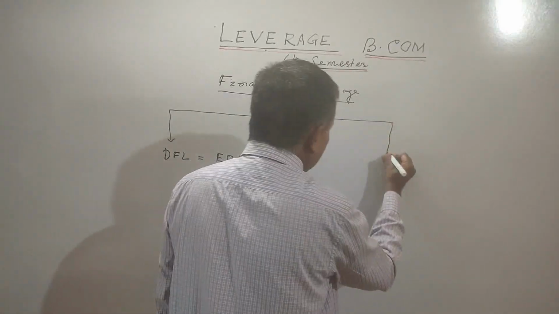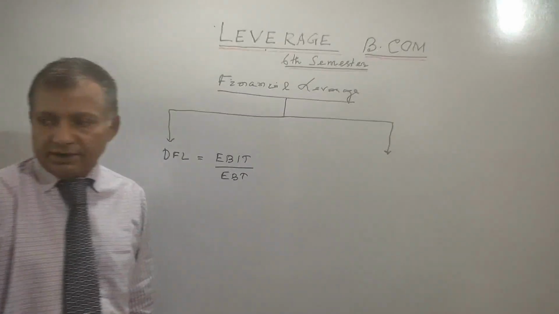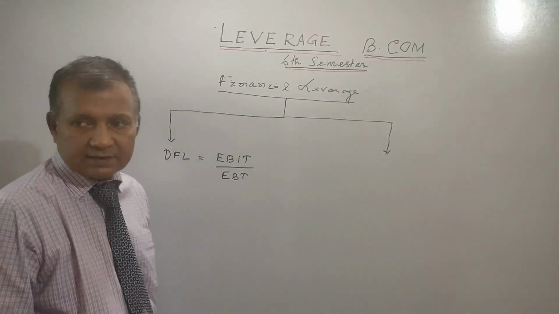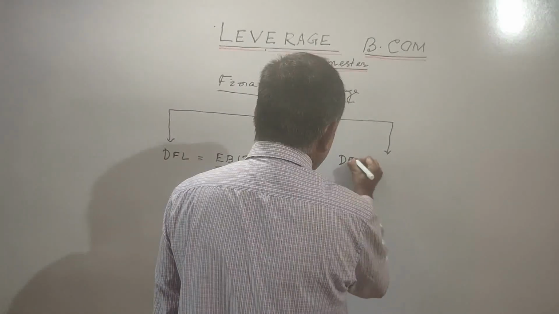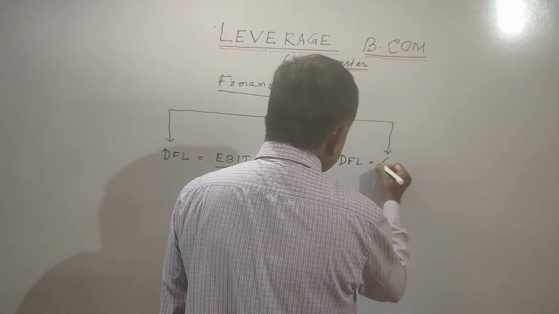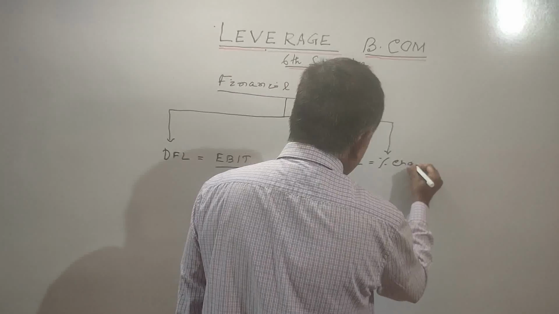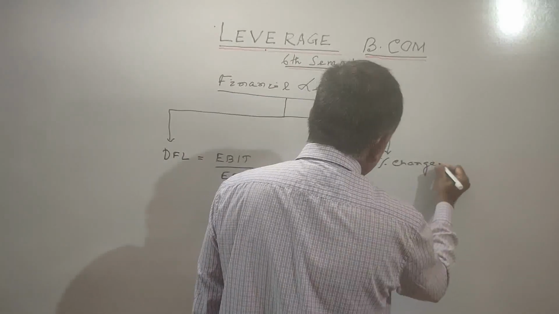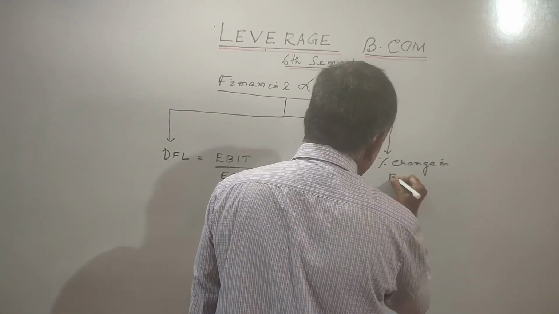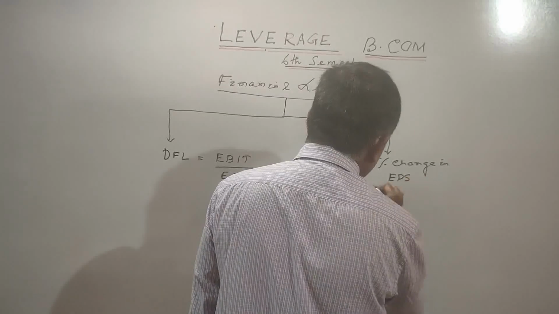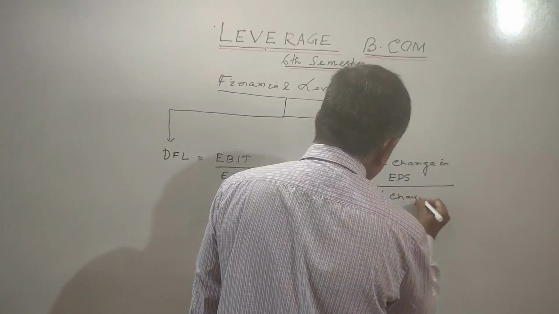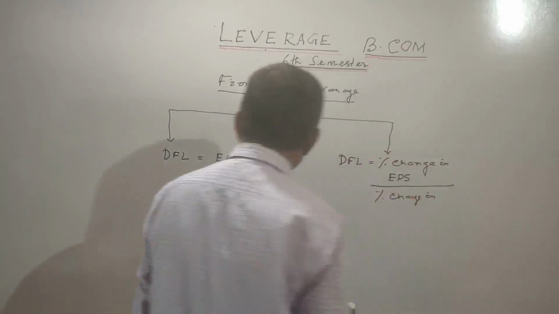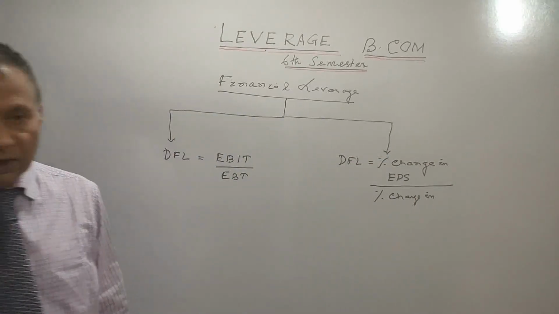Another one is the degree of financial leverage as the percentage change in EPS divided by the percentage change in EBT.